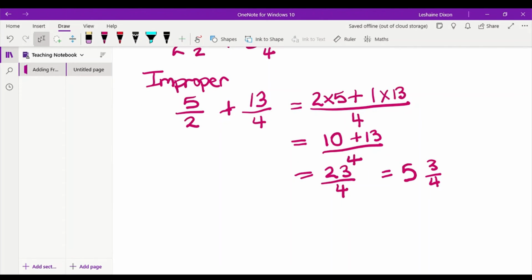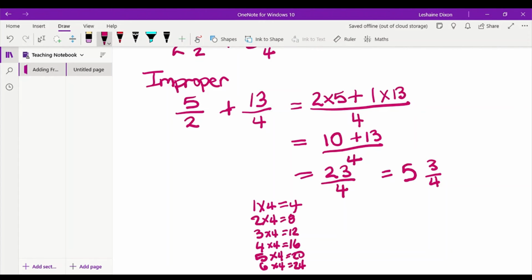If we remember our 4 times tables, we know that 1 times 4 is 4, 2 times 4 is 8, 3 times 4 is 12, 4 times 4 is 16, and 5 times 4 is 20. 6 times 4 is equal to 24, correct?